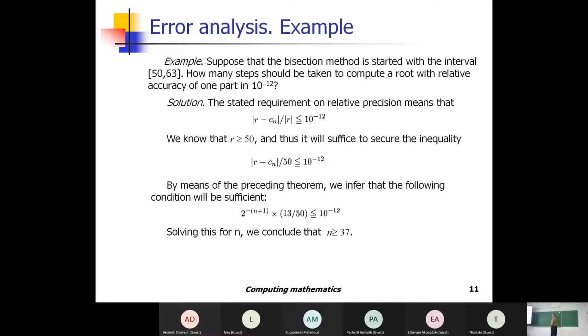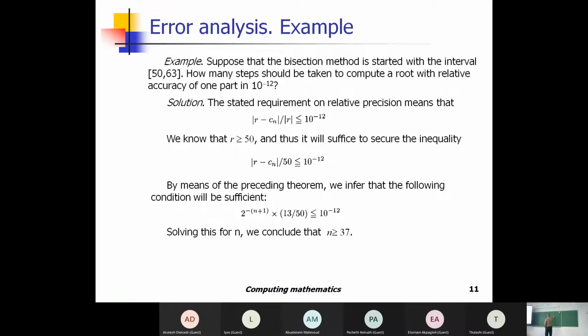And after that, we should solve it for n. We should find the n that satisfies this inequality. How to find it? This step is omitted here.